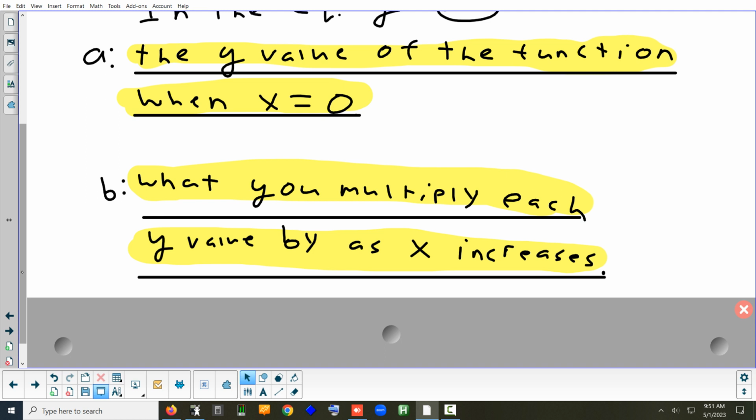So the B value is what you multiply by each time to get from one number to the next. So A is a number directly in the table. B is a number that you can figure out by looking at the pattern in the table.